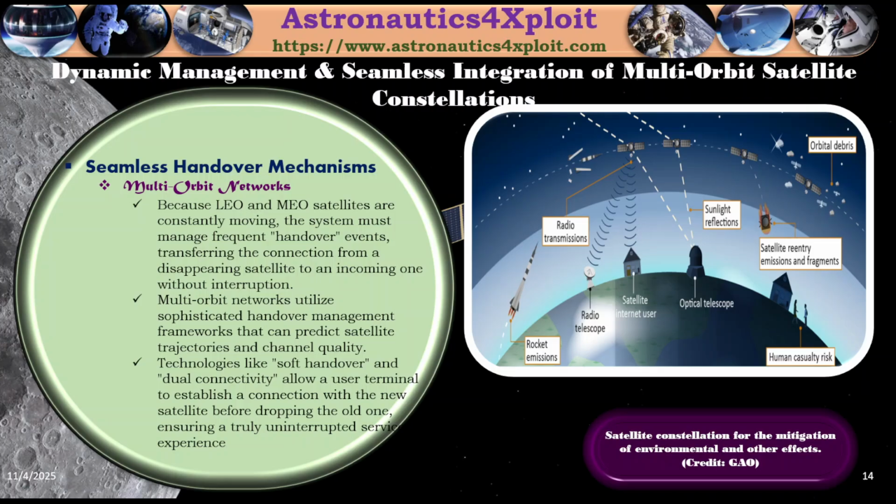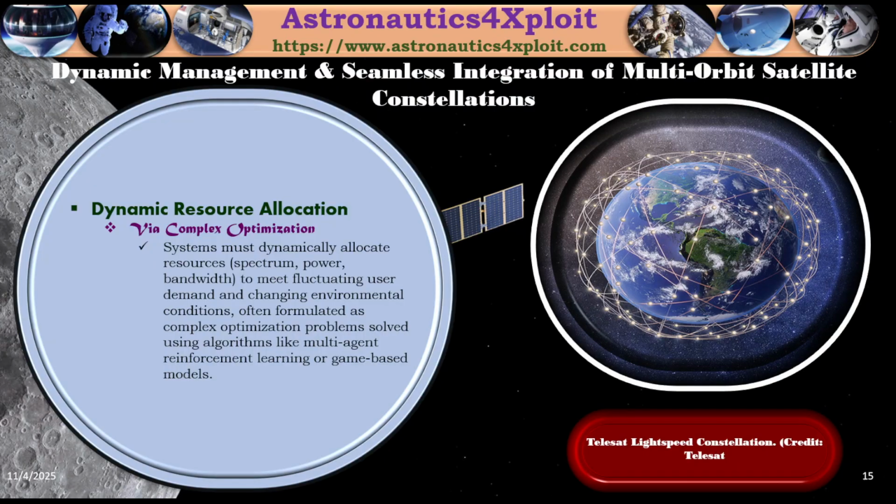Multi-orbit networks make use of sophisticated handover management frameworks which can predict satellite trajectories and enhance quality. Satellite constellations for the mitigation of environmental and other effects is shown in this picture.